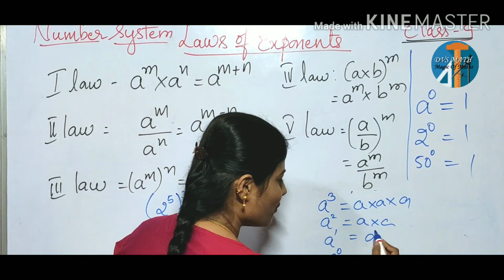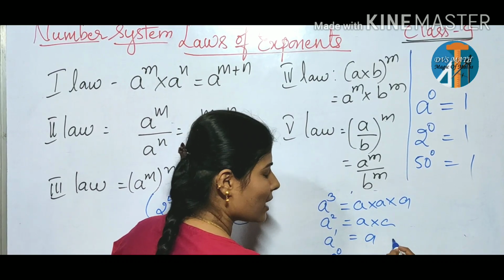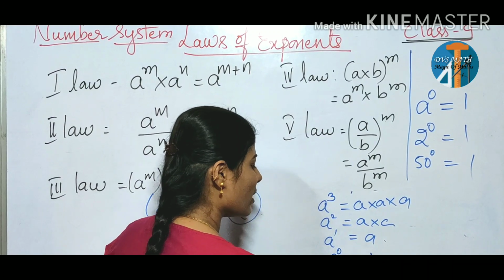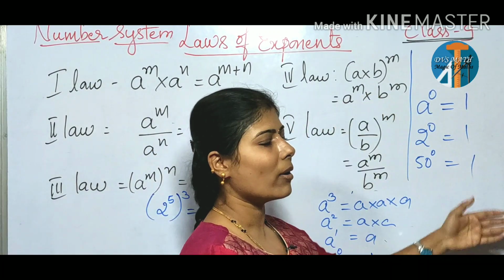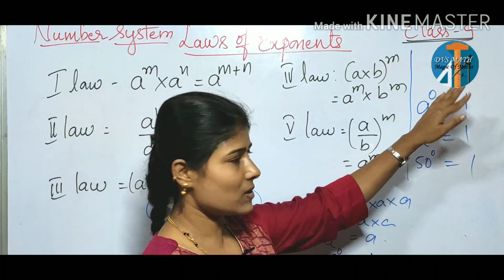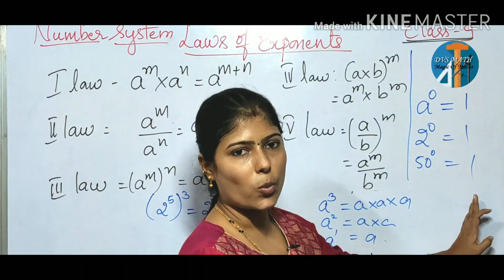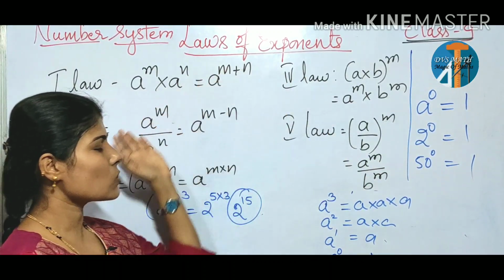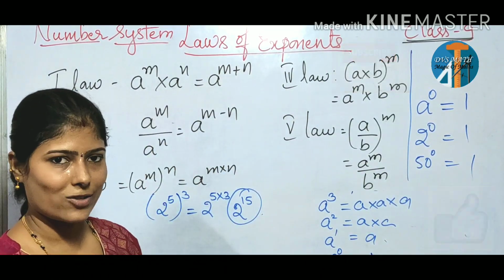So here also, if nothing is there, consider it as 1. If you reduce a again, the remaining will be 1. So a power 0 is equal to 1. Any number to the power of 0 is always equal to 1. This is also very important, you have to remember. Using all these laws and this one, we are solving the next exercise questions.